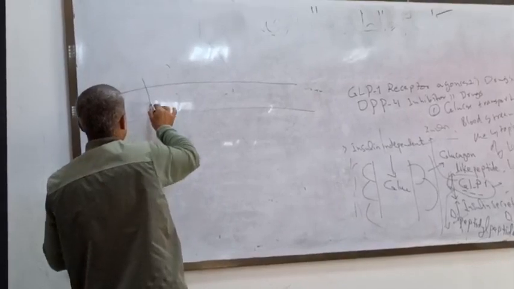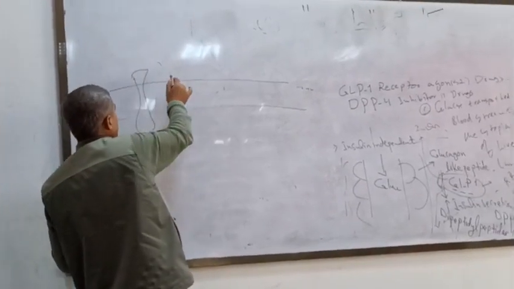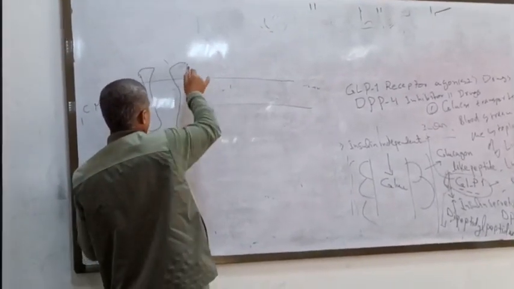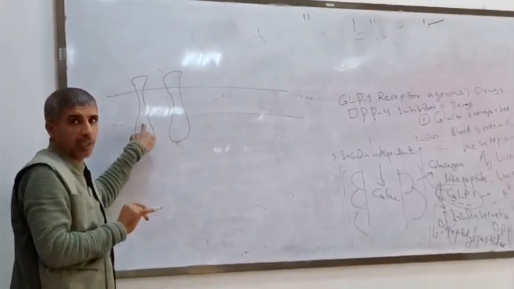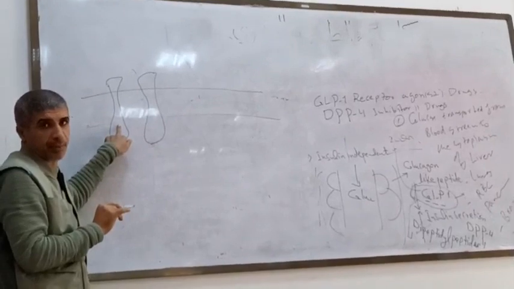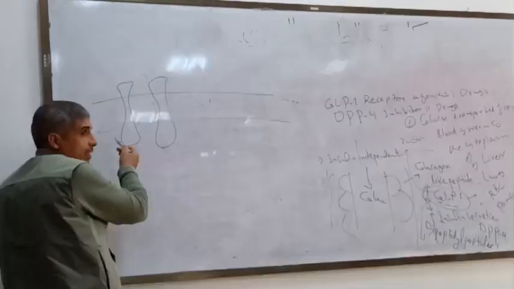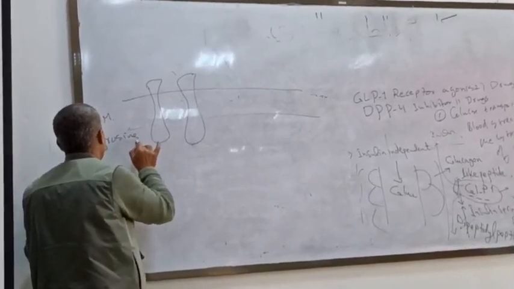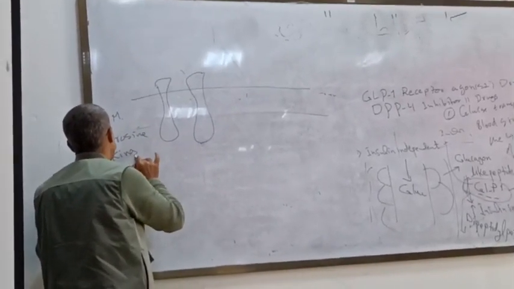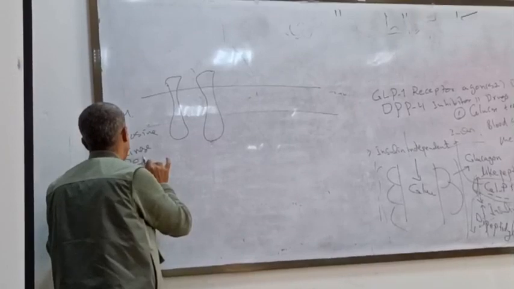There is an integral protein, a receptor. It is the tyrosine kinase receptor. The name of this receptor is tyrosine kinase receptor.